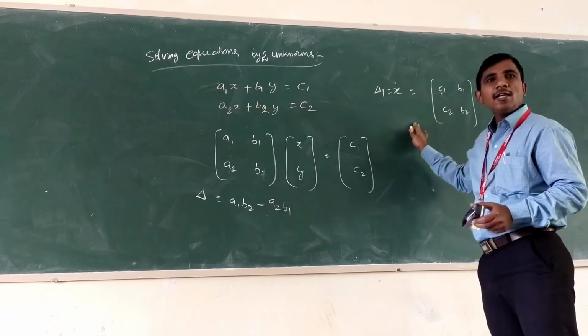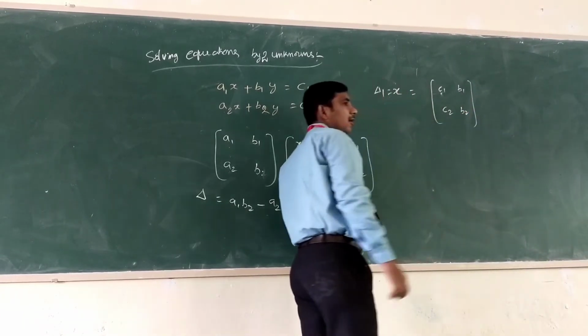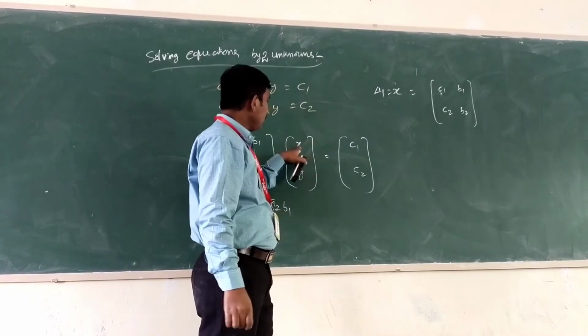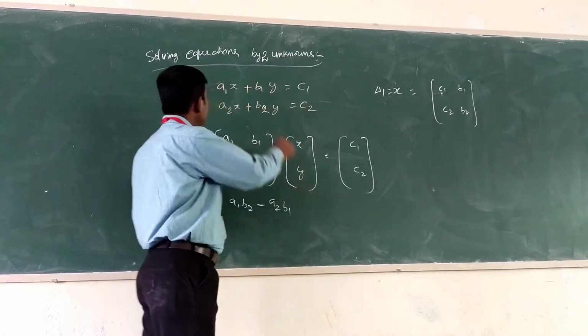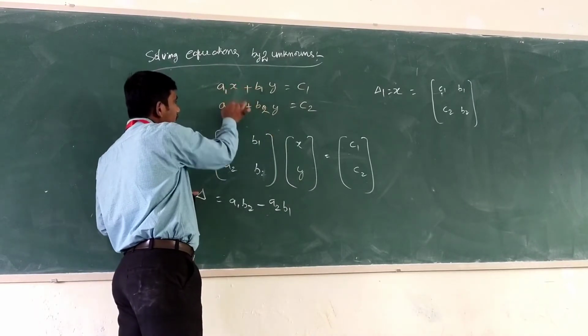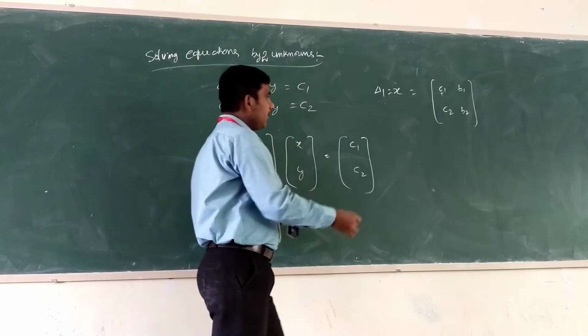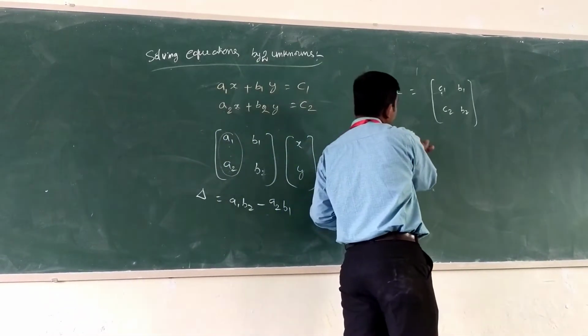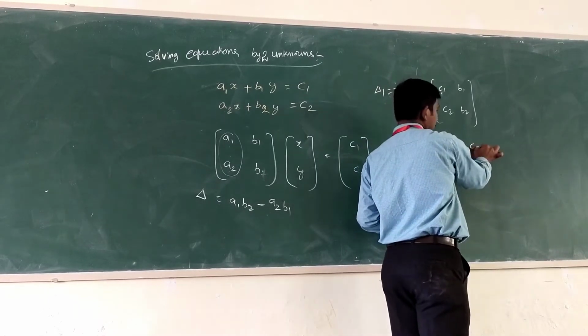Delta 1 is the determinant of the new matrix with C1, C2, B1, B2 in place of A1, A2, B1, B2. Then determinant 1 equal to C1 B2 minus B1 C2.